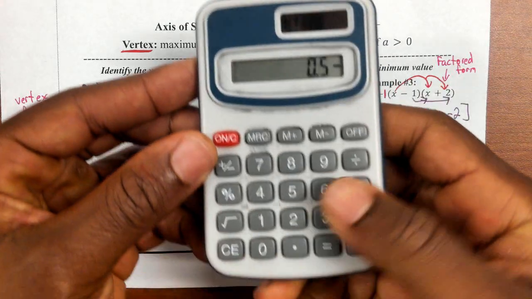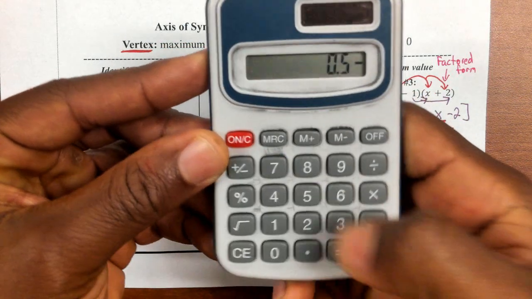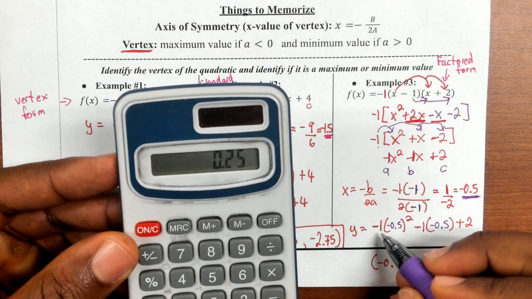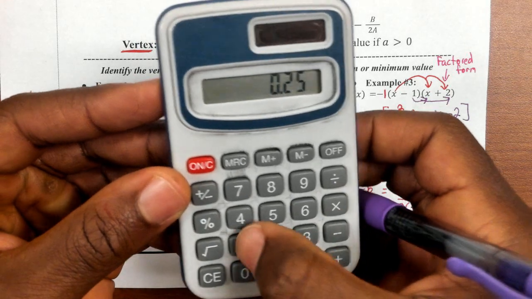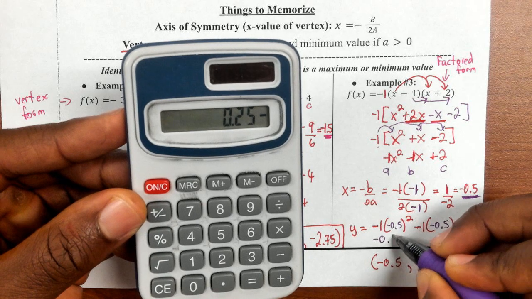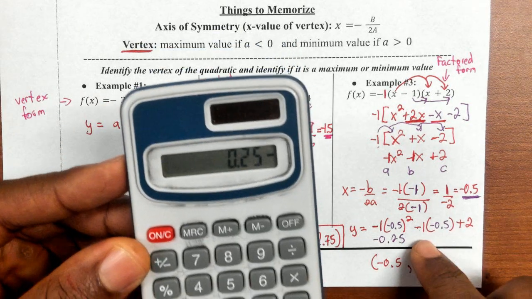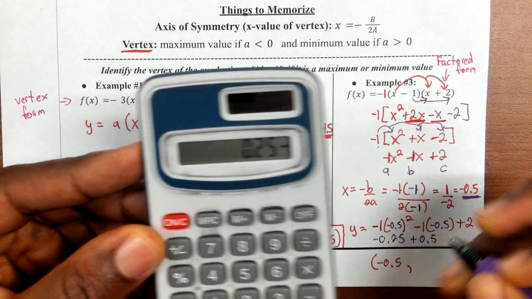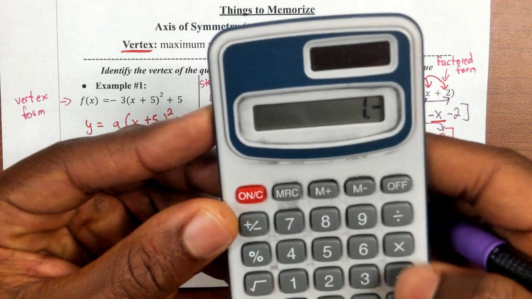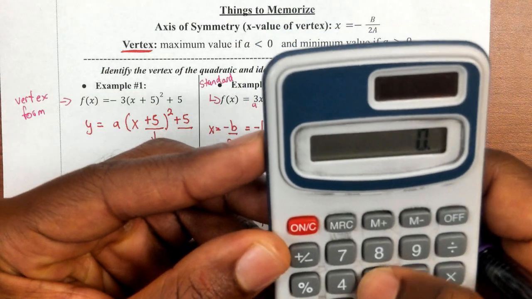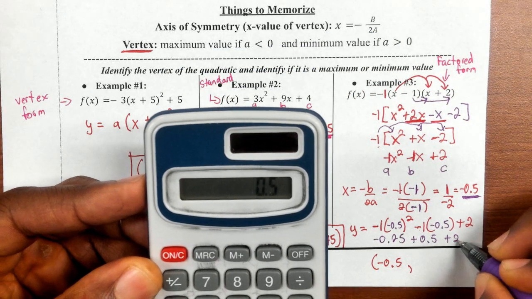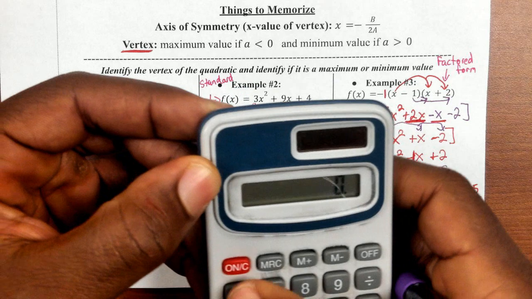Negative 0.5 times negative 0.5 will give me positive 0.25. But then I have to multiply it by the negative 1, and I would get negative 0.25. Negative 1 times negative 0.5 will give me positive 0.5. And then the 2, I bring it down.